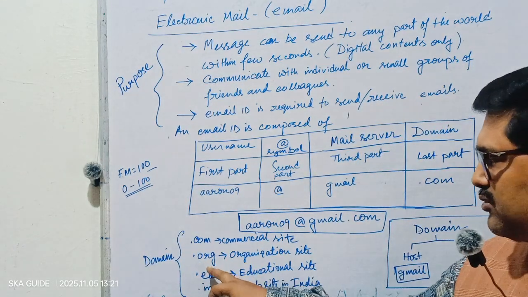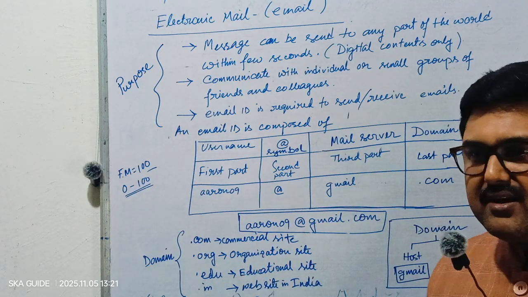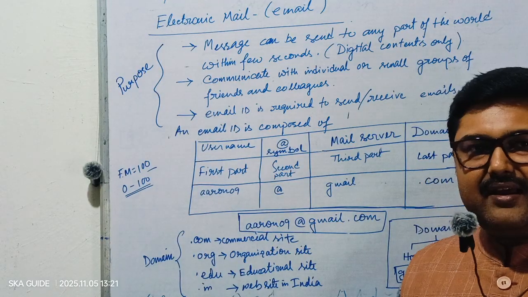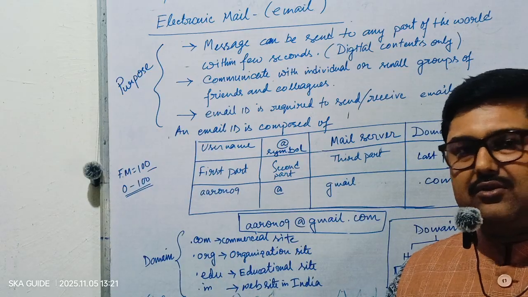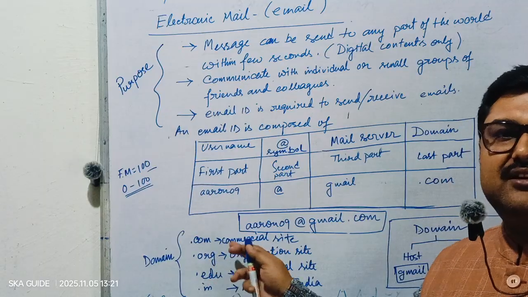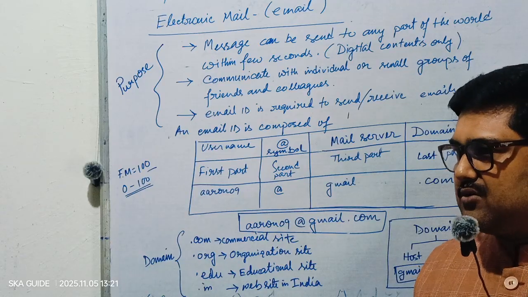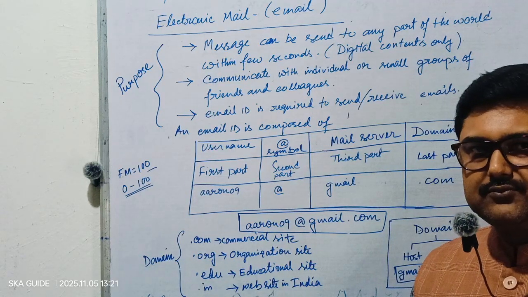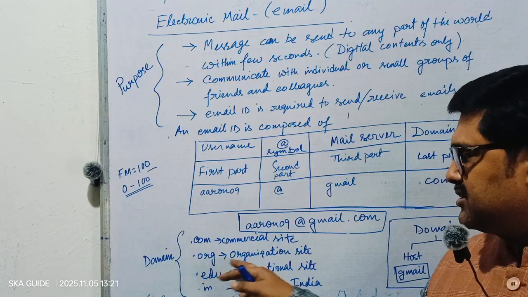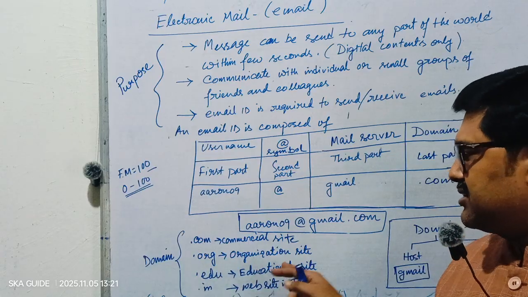So each domain here, which is .com, .org, .edu, and .in, has a specific capacity. Like .com can have 10,000 lakhs of email IDs registered under it, which must be commercial sites. If we have more commercial sites than the present availability, then we may go to the .org extension, which depicts the organization site.